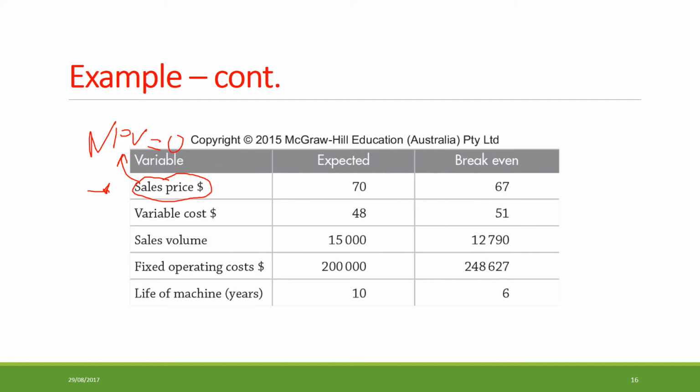So in this table, in the first column, we have our variable names. In the second column, we have the expected value. So this is the most likely value for each of the variables below, right? In the last column, we have the break-even level. So looking at sales price, this 67 means that if the sale price is lower than 67, then our project makes a loss, right?